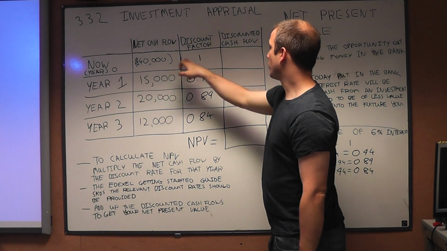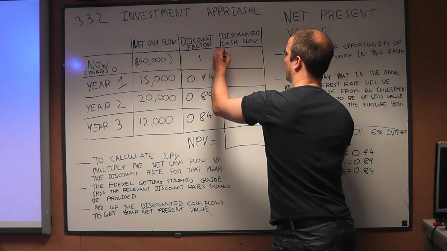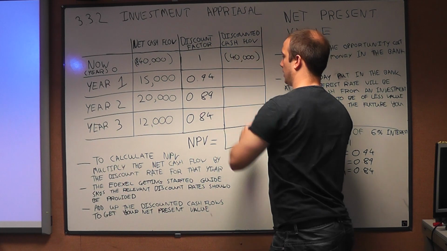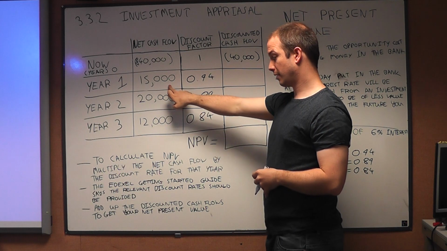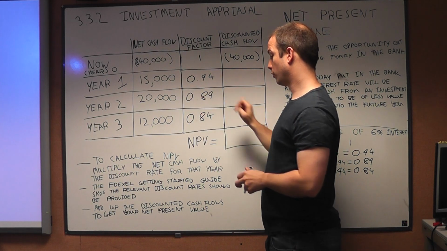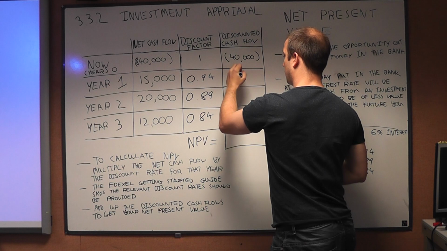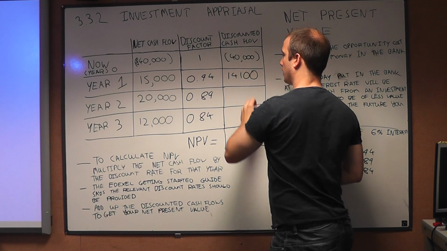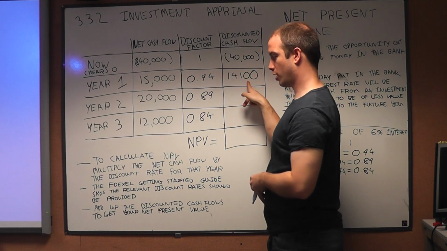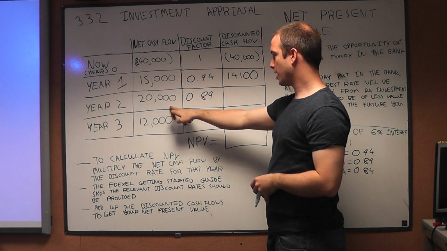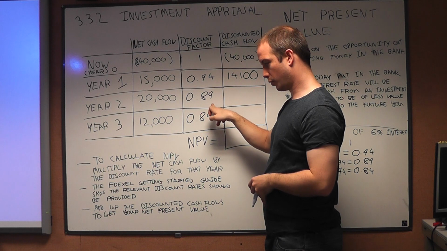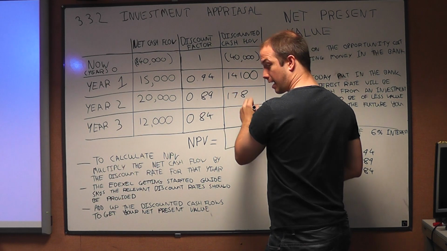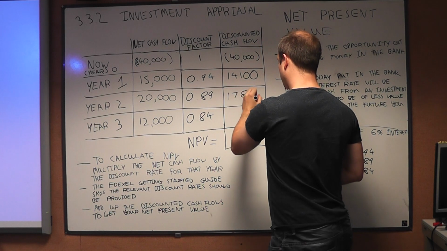So minus £40,000 times 1 is going to give us minus £40,000. £15,000 times 0.94 is going to give us £14,100. £20,000 times 0.89 would give us £17,800.